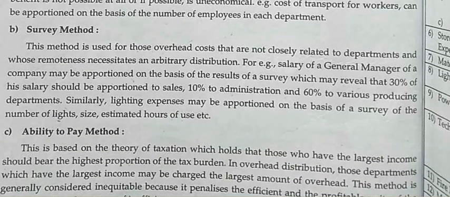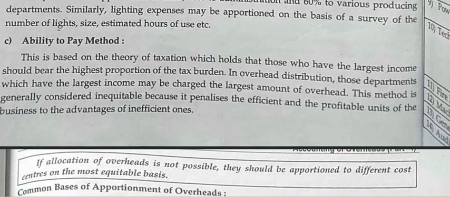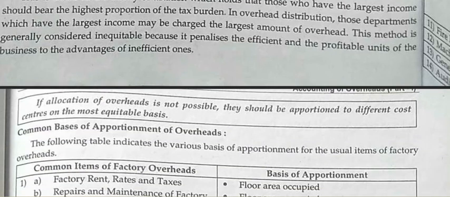Survey method means on some percentage basis the overheads may be apportioned. Ability to pay means the department has the good potential to pay, so it will be given a higher amount of overheads. So these are some bases.